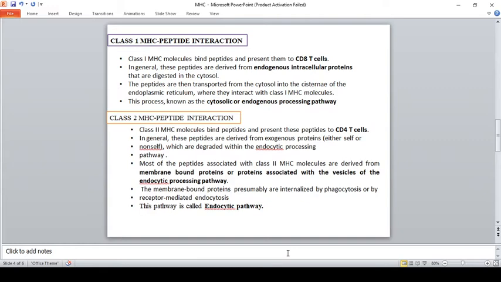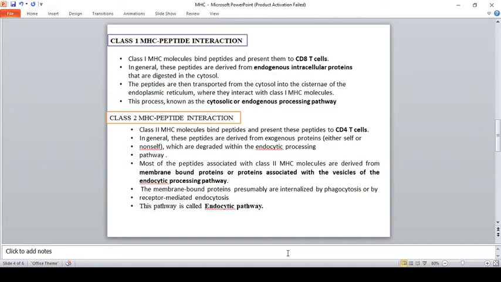Class 2 MHC peptide interaction. The class 2 MHC molecule binds to the peptide and presents it to CD4 T cells, that is helper T cells. In general, these peptides are derived from exogenous proteins, which may be self protein or non-self protein.